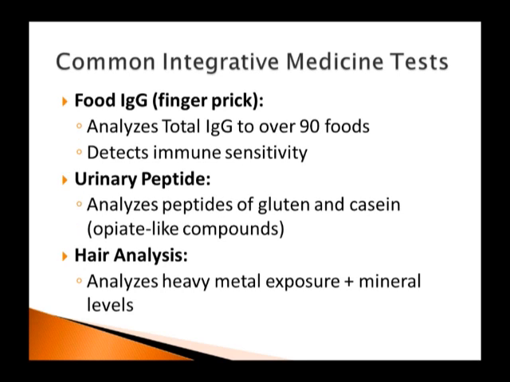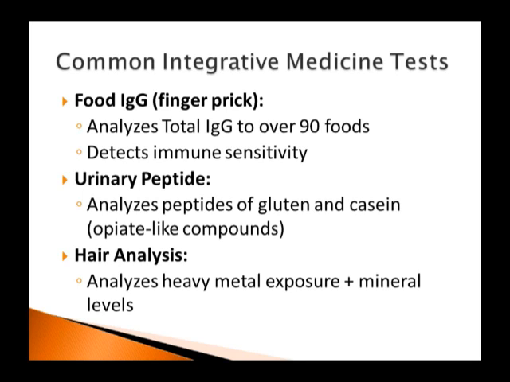Well, some other common tests are food IgG testing. And the discussion of food IgG has been controversial because there has been testing in the past that really hasn't panned out to be helpful for people. And really why is because most IgG testing is looking at something called IgG4, the antibody IgG4. And there are 4 different IgG antibodies, or what are called subclasses.